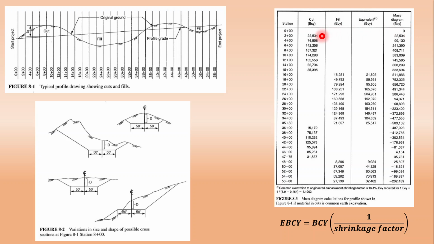At station 2 plus a pair, we've accounted for 22,500 cubic yards of cut. So our accumulated total is 22,500 cubic yards of cut. Right? At station 4 plus a pair, we've gained another 76,000 cubic yards of cut.